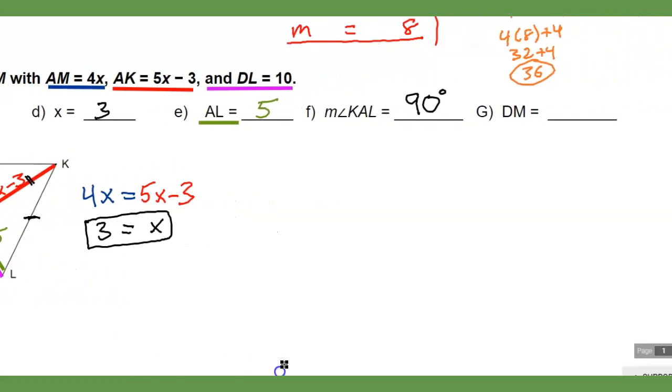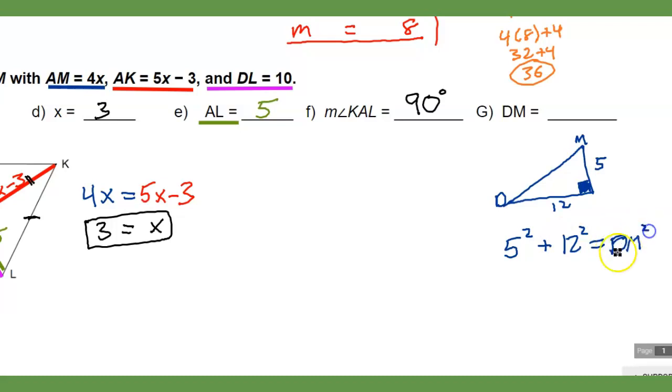So we have this, right? 5, 12, 90-degree angle. How would you find out what DM equals? Pythagorean theorem, yeah. A squared plus B squared is C squared. And I can actually write DM squared if I wanted to. And so 25 plus 144. And then take the square root of both sides. We'll have DM is equal to 13.